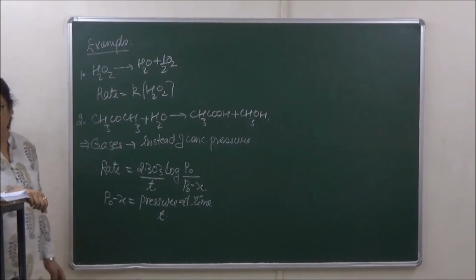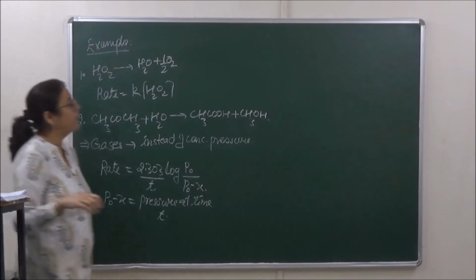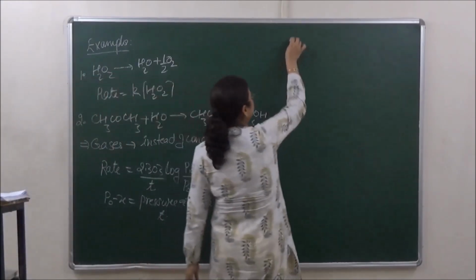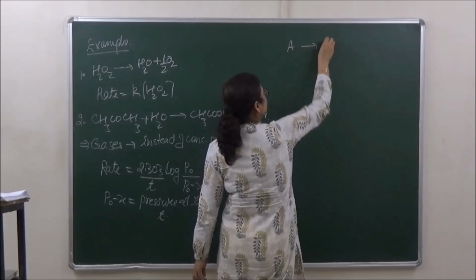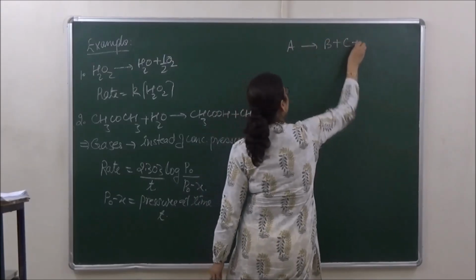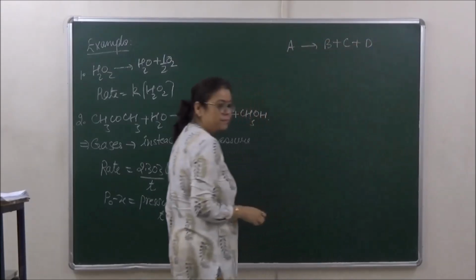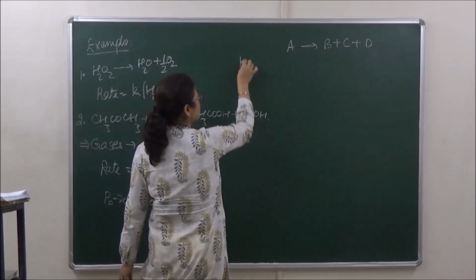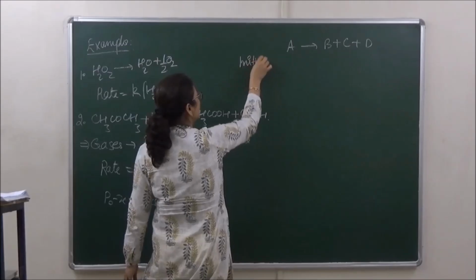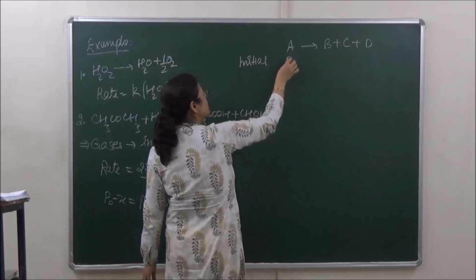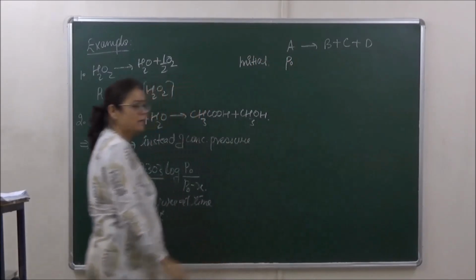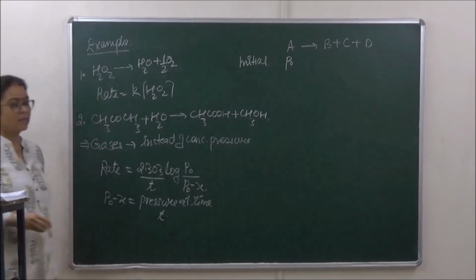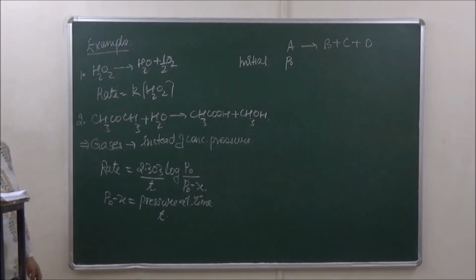Got it? Now let's say we have a hypothetical reaction over here. A gives B plus C plus D. ठीक है. Now initially all are in gaseous state. Initially the pressure will be only due to A, right? Because the rest of the gases are not formed.